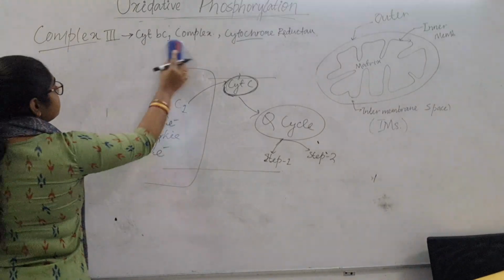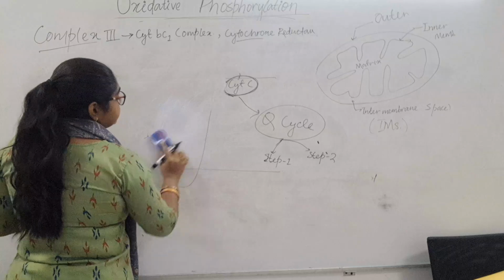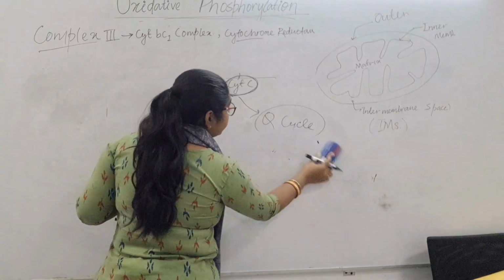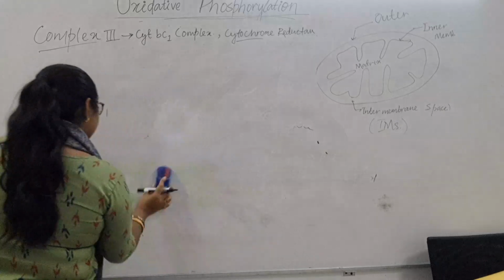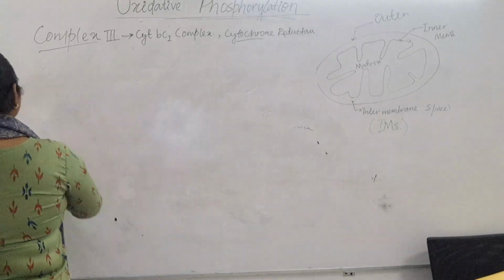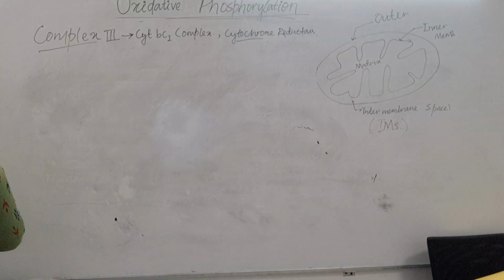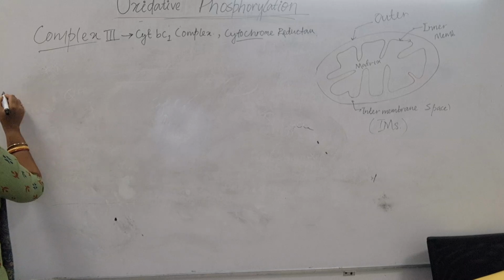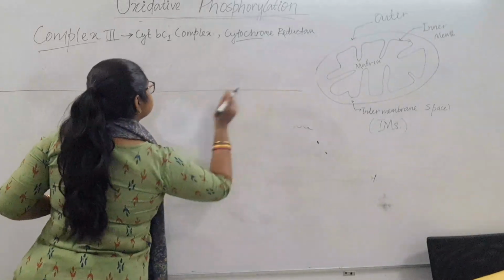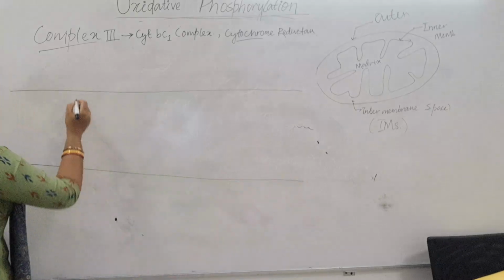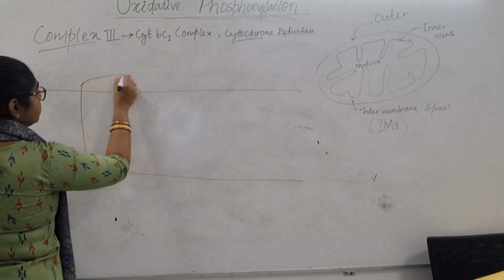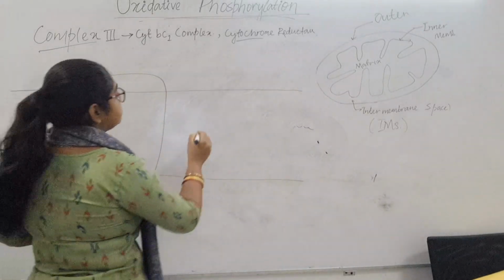So, first, in step 1, the ubiquinol from NADH performs this process. Okay, so let's see, this is the inner membrane. And here we'll see the first step, and here we'll see the second step.